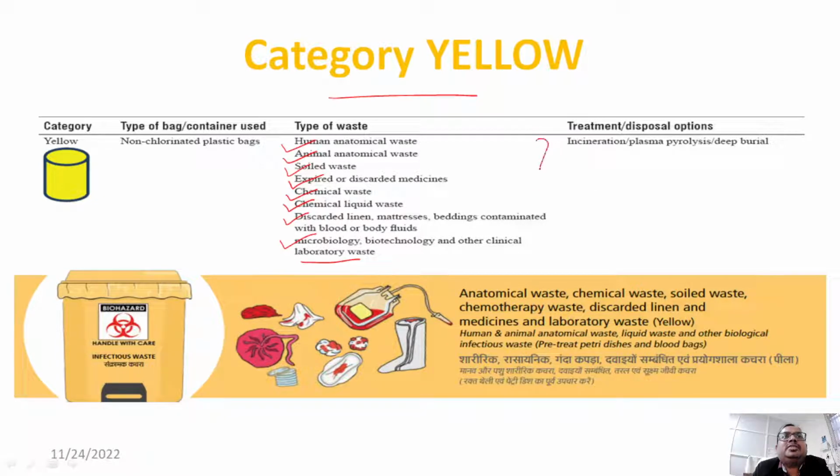These were clubbed under the yellow category, and the treatment option was incineration or plasma pyrolysis or deep burial. So these had an option of permanent disposal after getting treated.